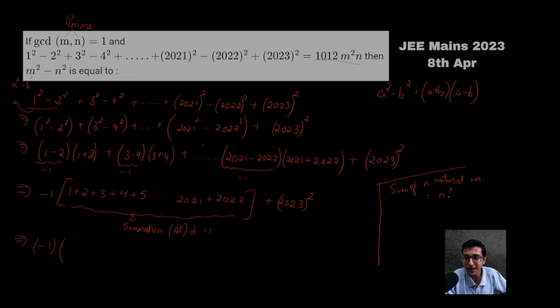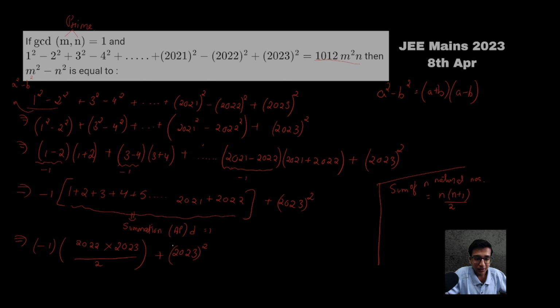This used to be n into n plus 1 by 2. So let's write it down here. What is n here? n is 2022, 2022 into 2023 upon 2 plus 2023 remains as it is again.